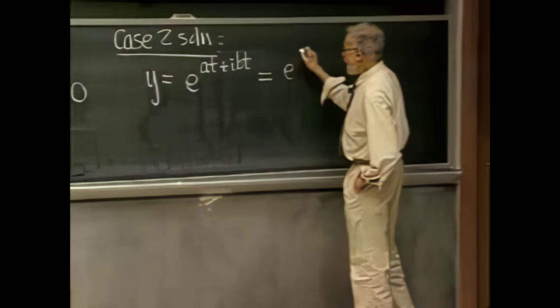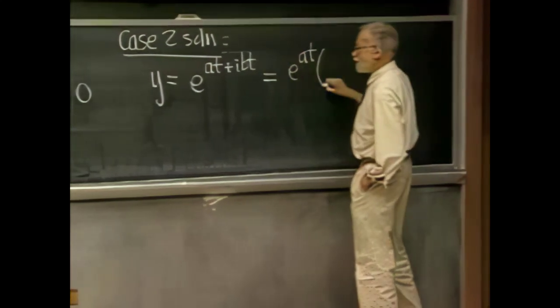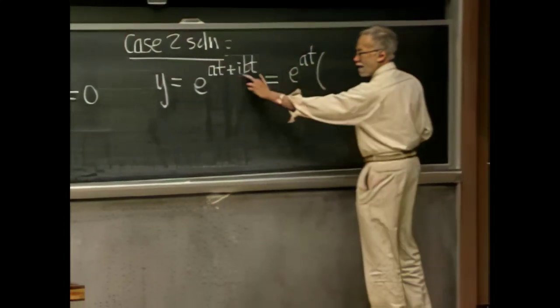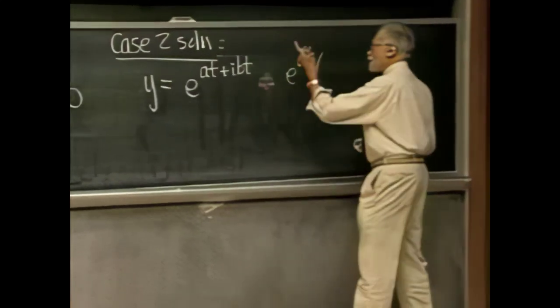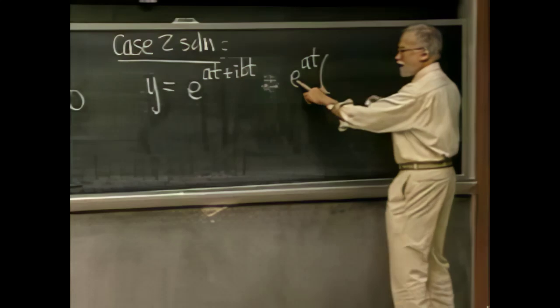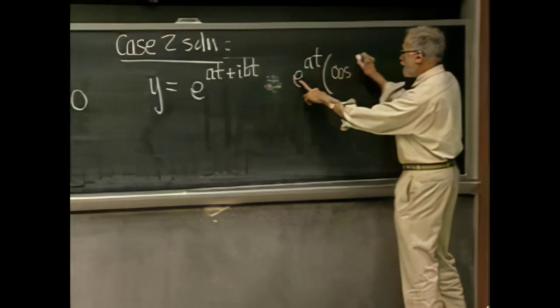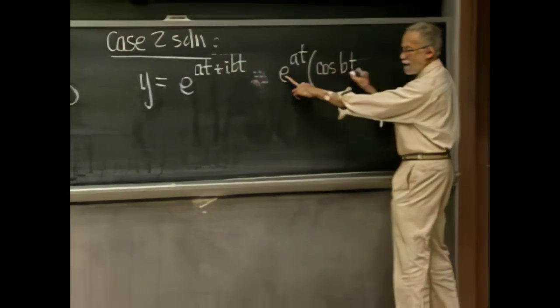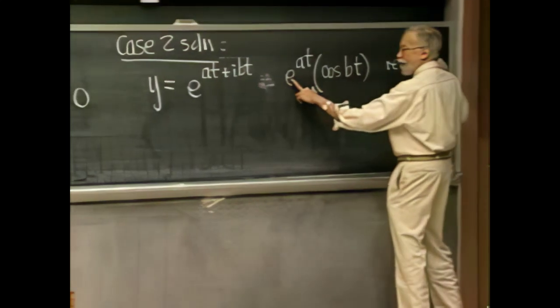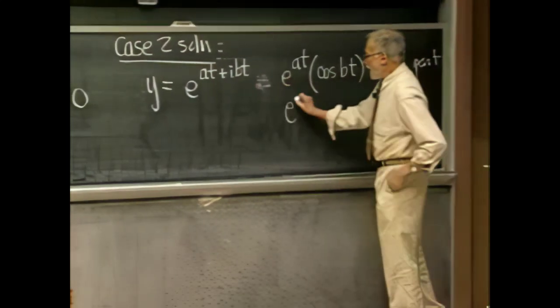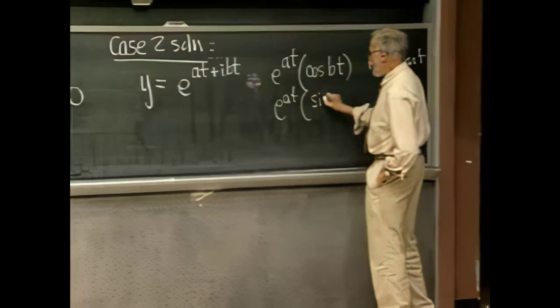That's e to the at times, let's write it this way. The real part is e to the at times cosine bt. Notice how the a and b enter into the expression. That's the real part. And the imaginary part is e to the at times the sine of bt.